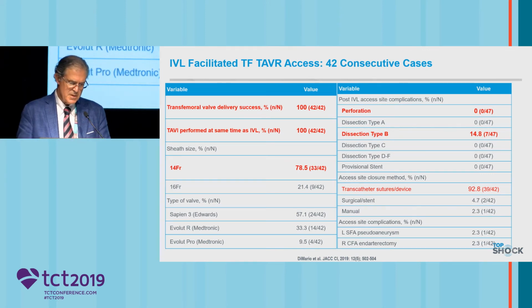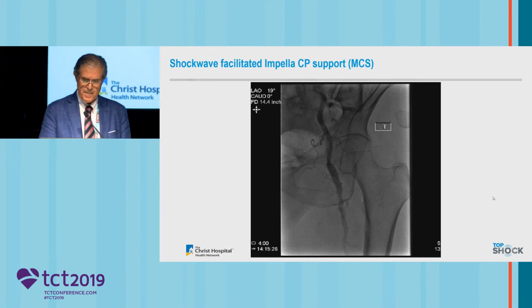Transfemoral valve delivery was successful 100% of the time, and at the time of IVL, 100%. So it's a standalone single sitting procedure. About 80% had a 14 French device, and remember I said get used to zero perforation, 0 complex dissection, and 0 bailout stent. 93% of these patients were closed percutaneously with either Perclose and or Angio-Seal.